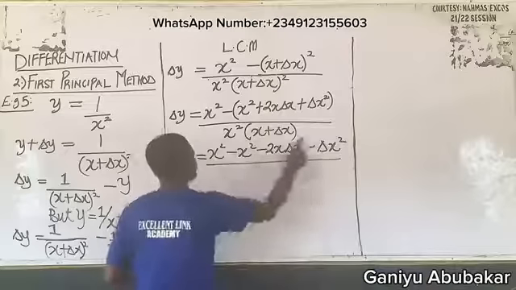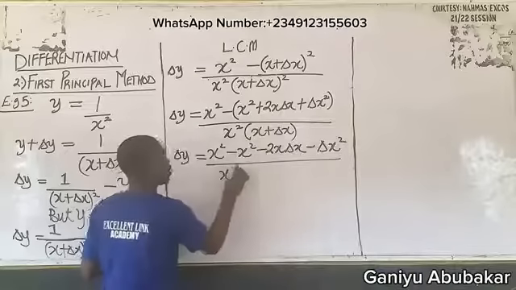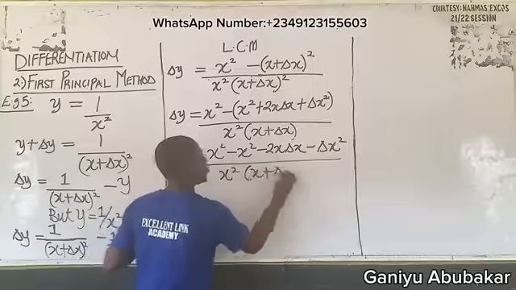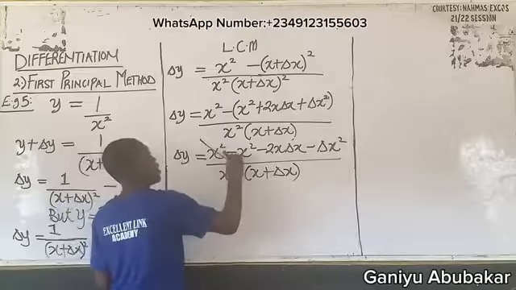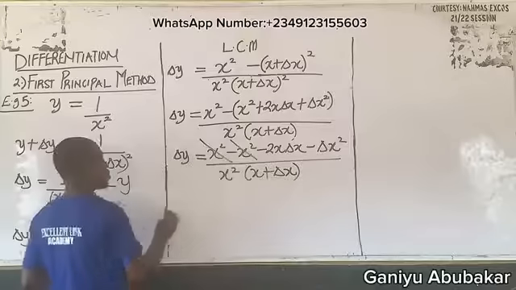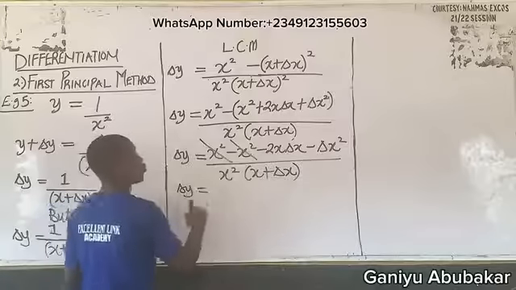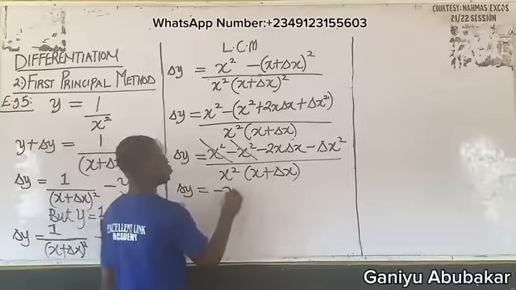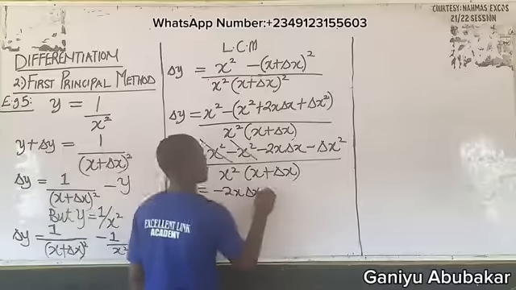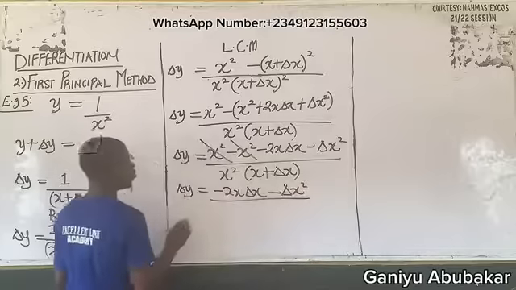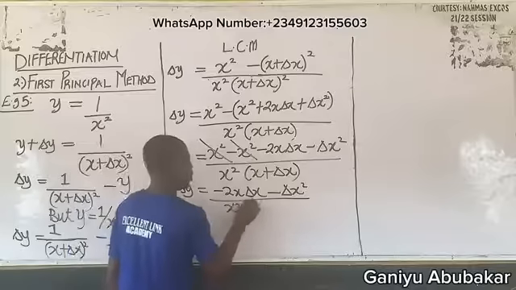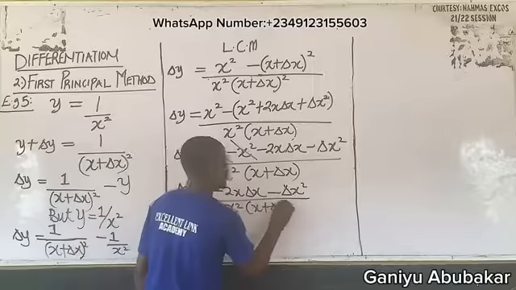I'll repeat my denominator: x squared into x plus change in x. From here, this will cancel this, so I'll have change in y equal to what is left, minus 2x change in x minus change in x squared, all over x squared into x plus change in x.